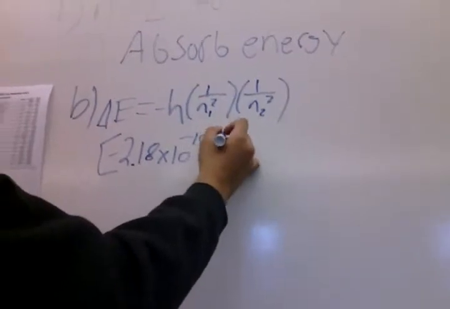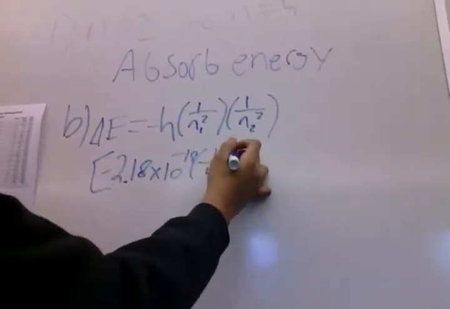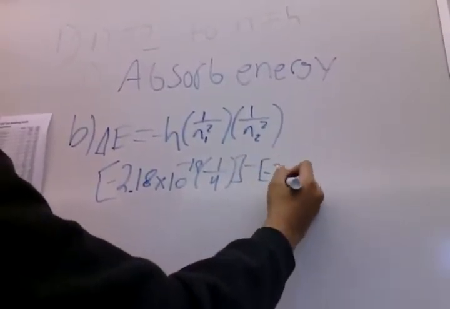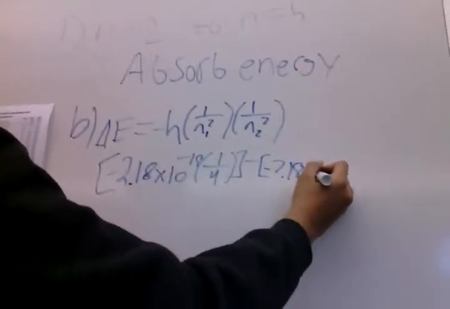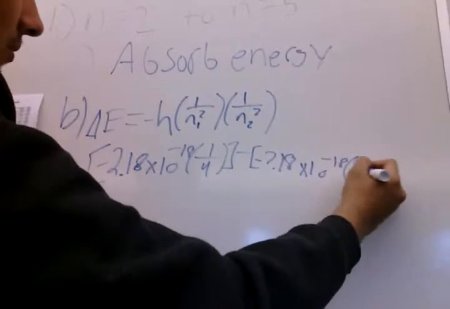We multiply that by 1 over 4 minus 1 over 25.